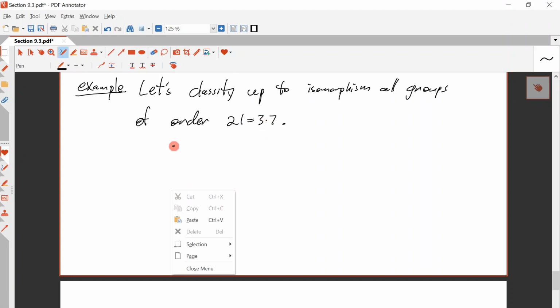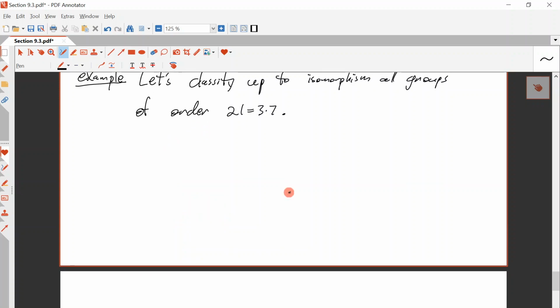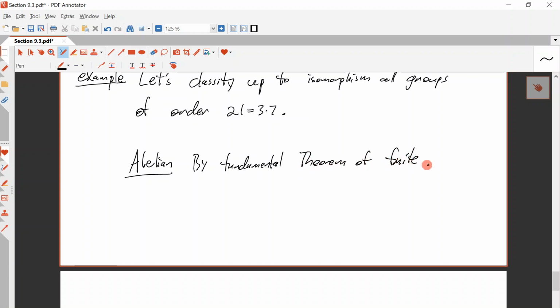Okay, so we'll show that, by the fundamental theorem of finite abelian groups, the abelian G would be isomorphic to Z3 cross Z7, which is isomorphic to Z21.